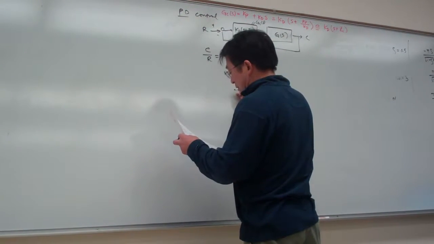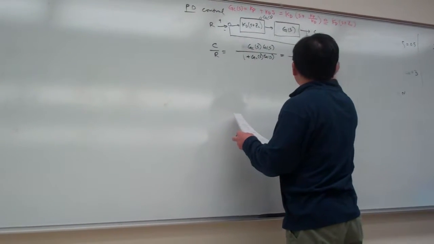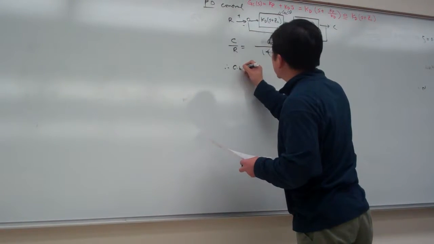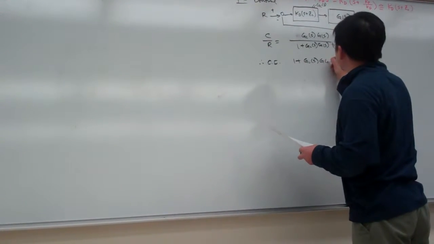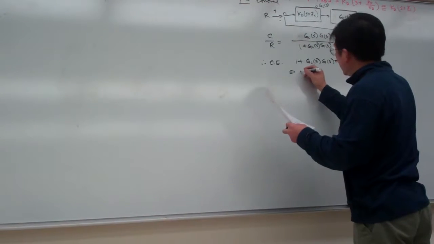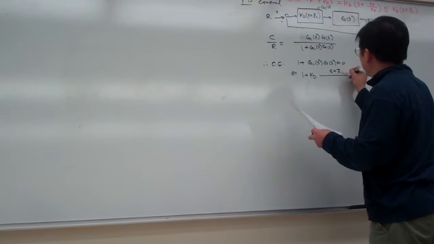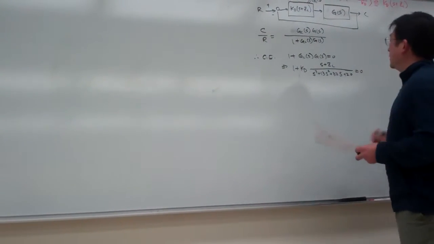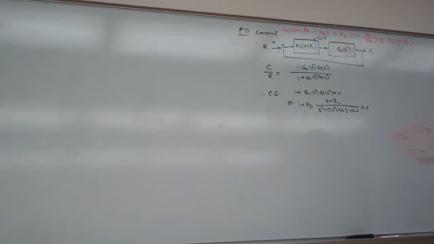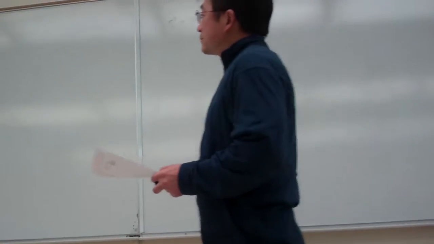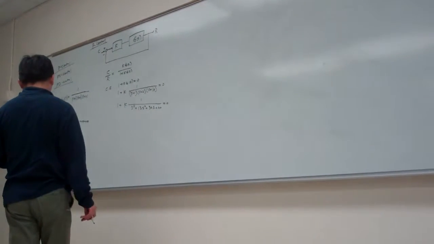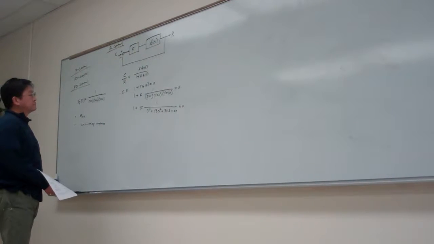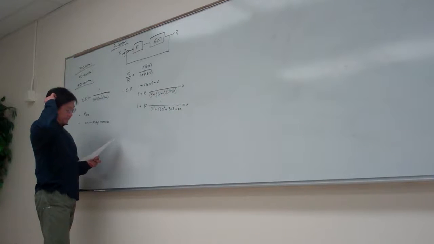So in this way, therefore the characteristic equation is 1 plus G_C(s) G(s) equal to 0, or that means 1 plus K_D... So we get everything ready now, and we can begin to try.